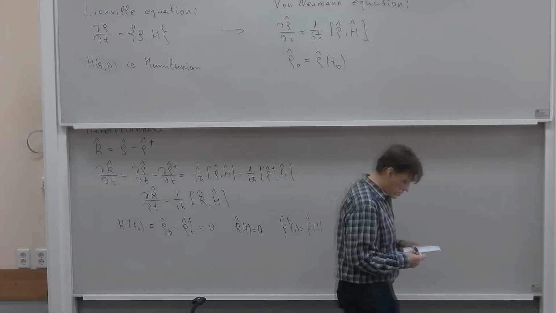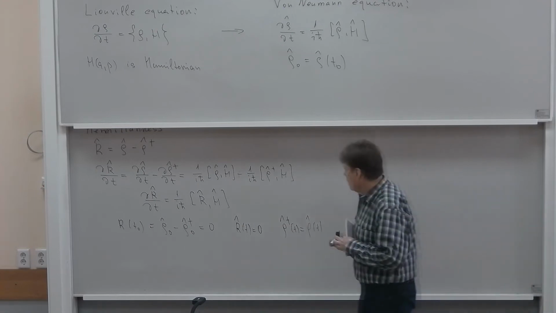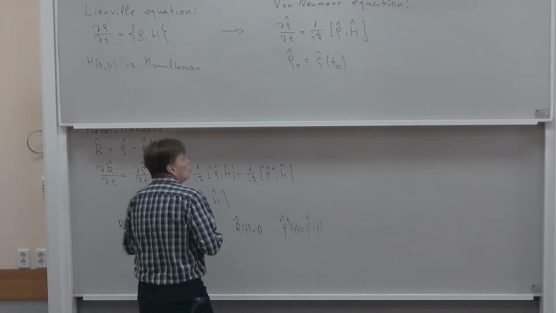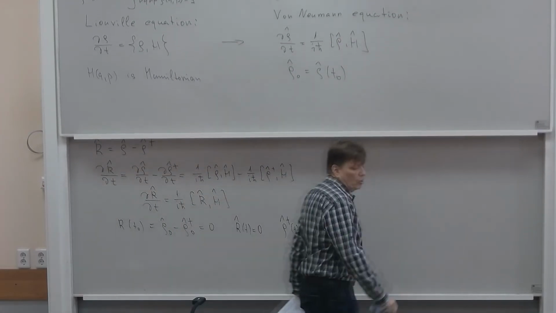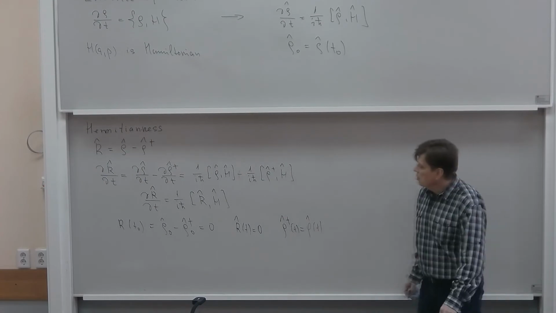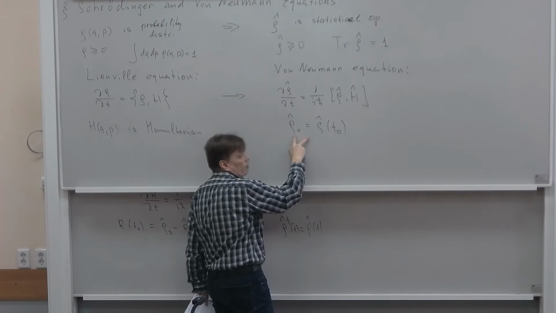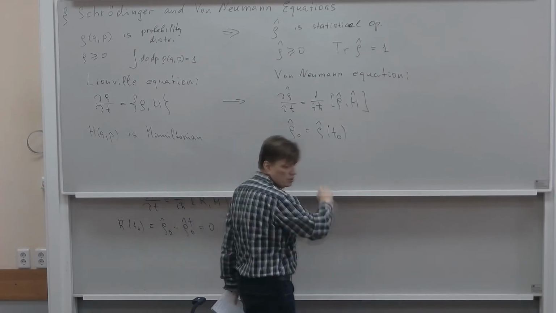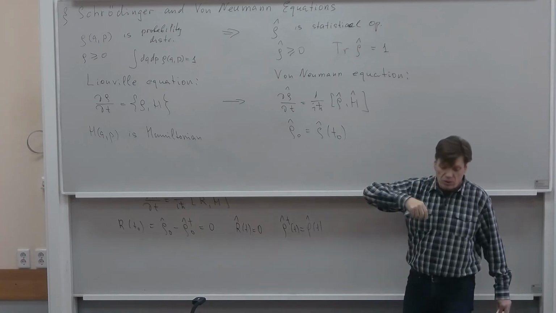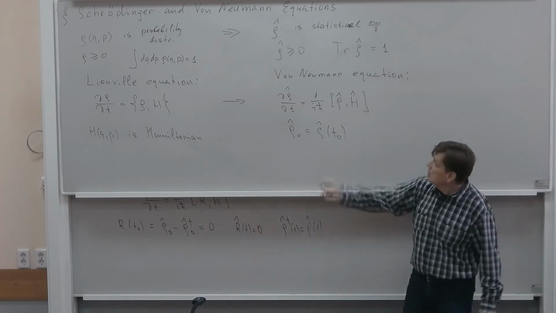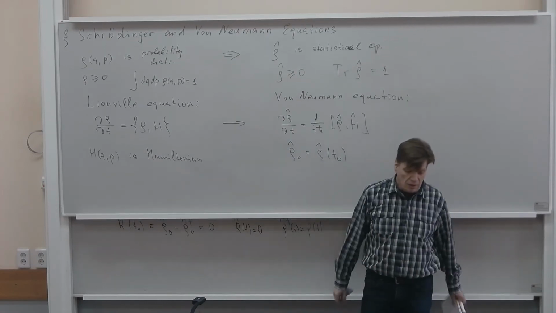Yes. Yeah. The initial operator is Hermitian, right? But then we need to prove that the evolution of this operator is also Hermitian, so that Hermitian operator rho naught evolved to Hermitian operator, because statistical operator should be Hermitian at any time moment.